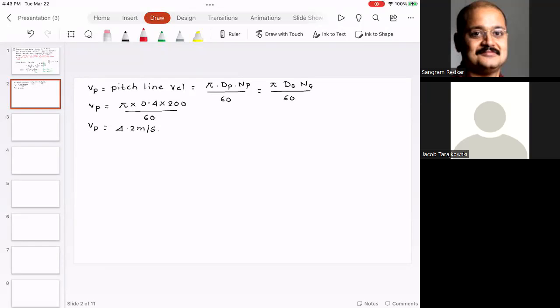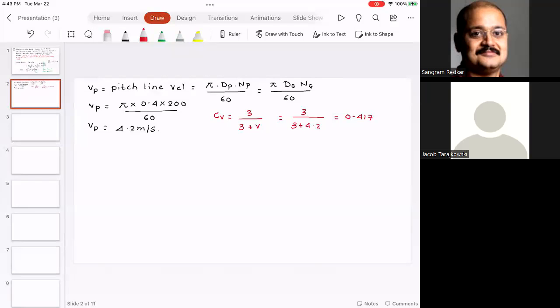With VP, we have to find out the velocity factor, CV. Velocity is less than 12.5. So CV is 3 divided by 3 plus V, which is 3 divided by 3 plus 4.2. And we get 0.417.